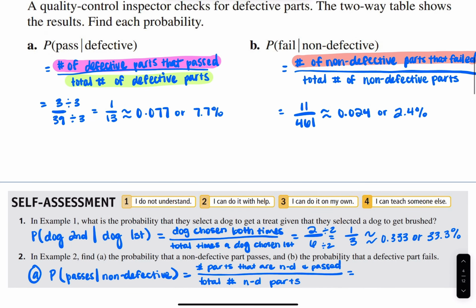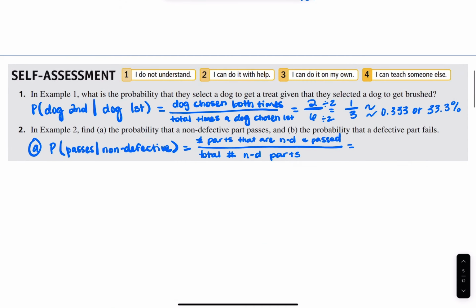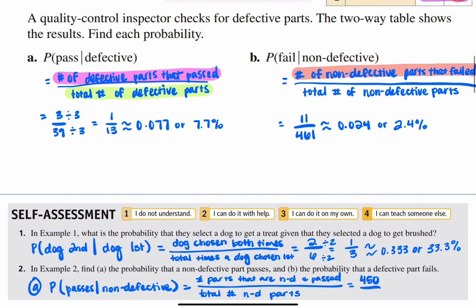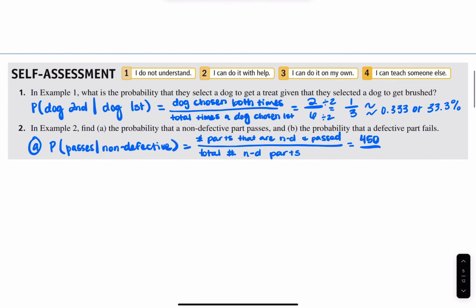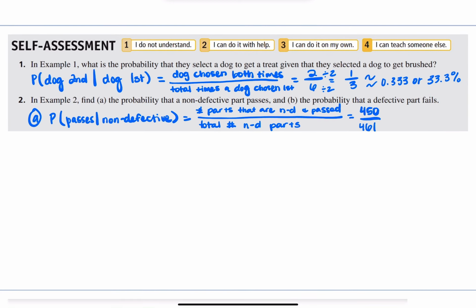So in example 2, number of parts that are non-defective and passed, right here, 450, over the total number of non-defective parts, that's this whole thing right here, 461. If we want to write that as a decimal, that's about 0.976, or about 97.6%.